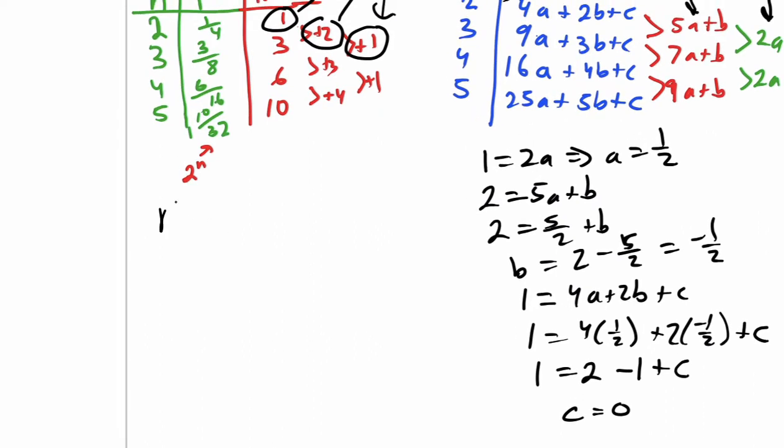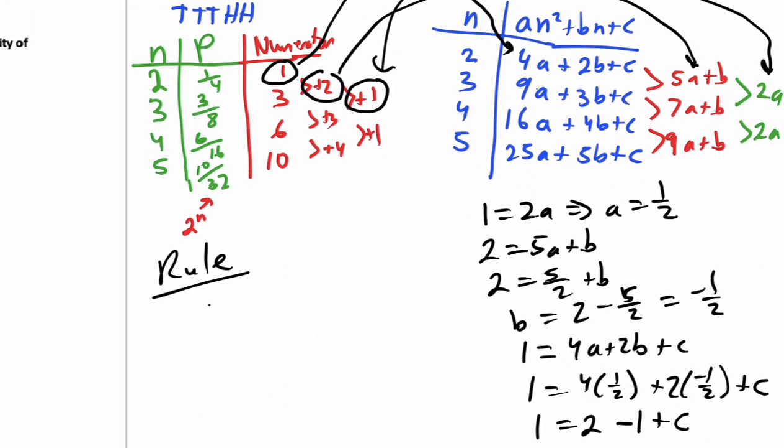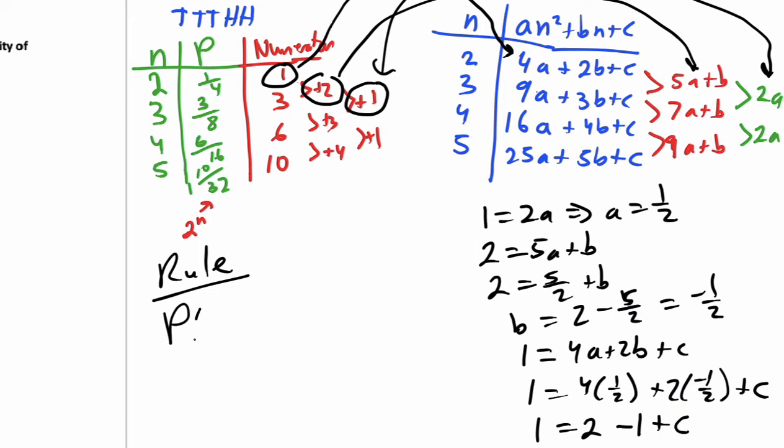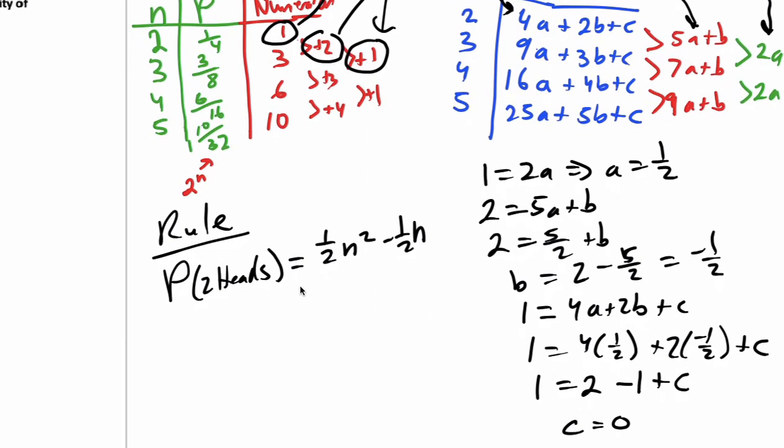This means our rule for the probability of getting 2 heads is going to be, how can we write this? So a value is half n squared minus half n, sorry, b we already have, so sorry about that, n I mean, plus c, which is 0. So that's it, and you can write it like this too. We can write that 2 on the denominator and n times n minus 1.